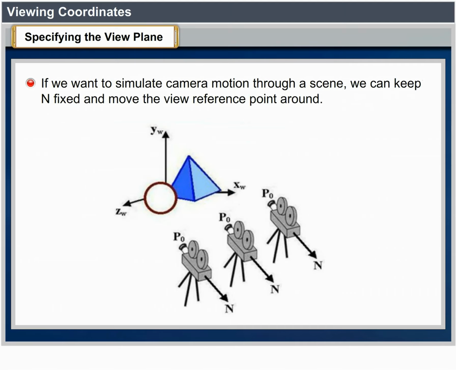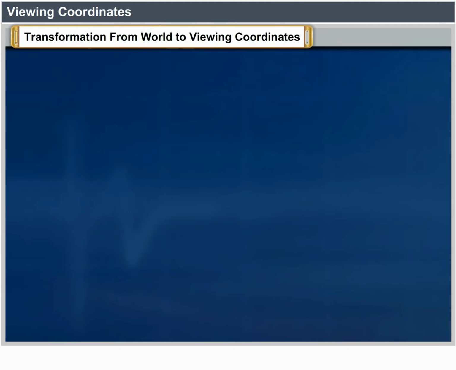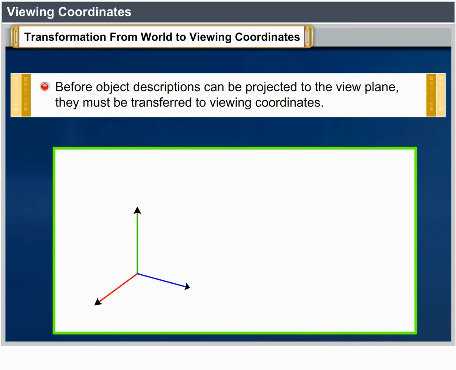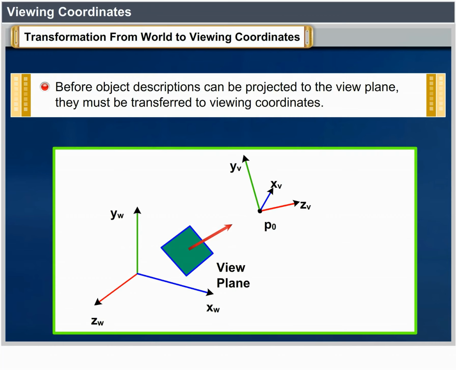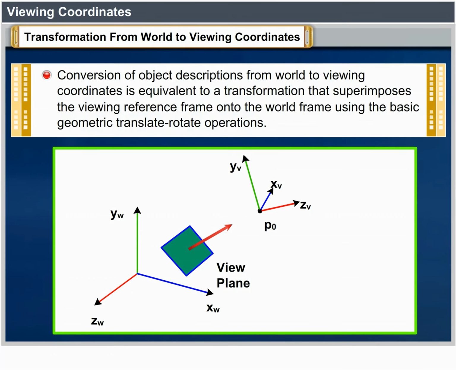Transformations from world to viewing coordinates. Before object descriptions can be projected to the view plane, they must be transferred to viewing coordinates. Conversion of object descriptions from world to viewing coordinates is equivalent to a transformation that superimposes the viewing reference frame onto the world frame using the basic geometric translate-rotate operations.